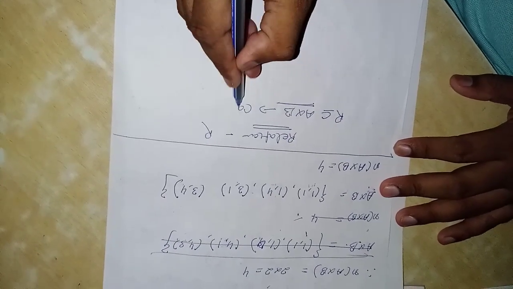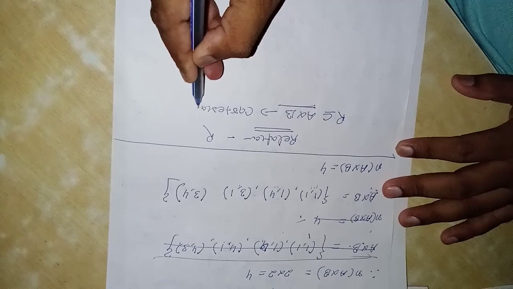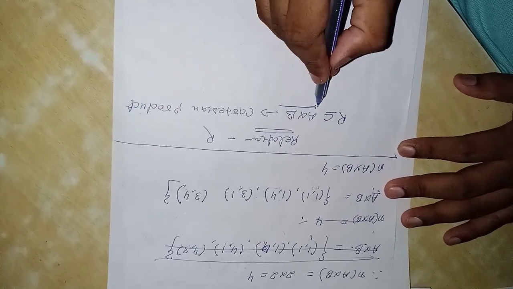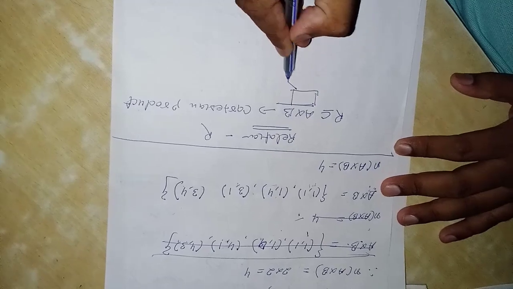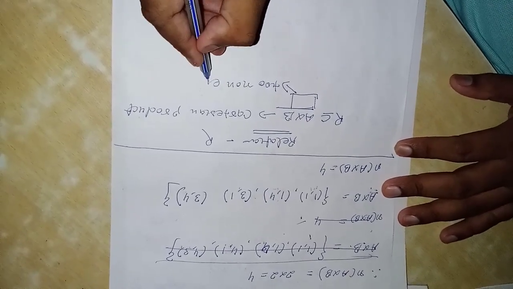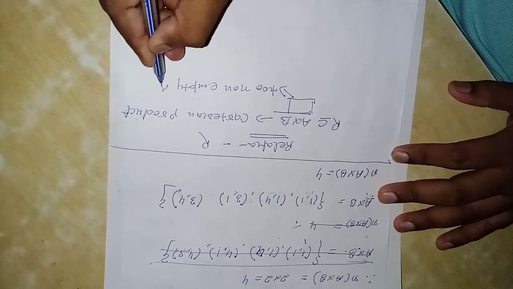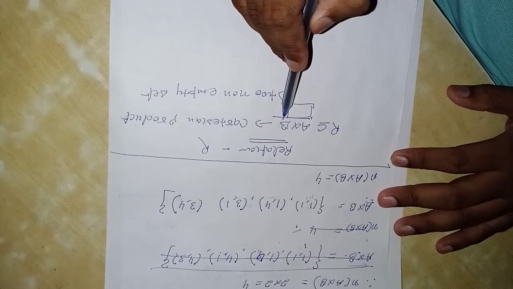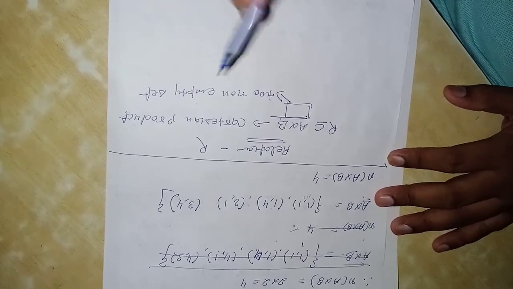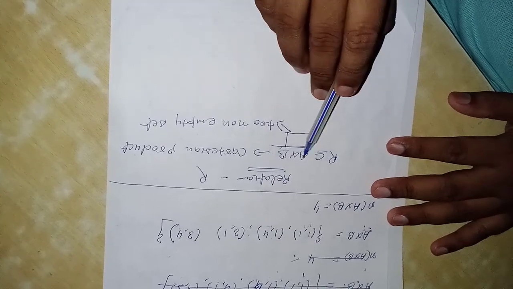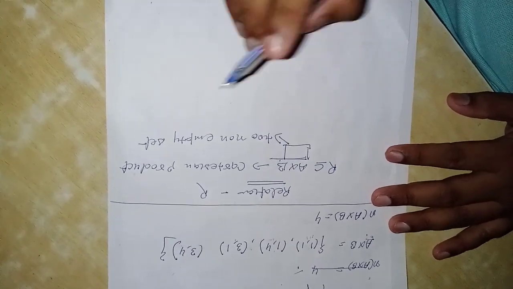A cross B is a Cartesian product, and A and B are two non-empty sets. Two non-empty sets means set A and set B have at least one element, they should not be empty sets.